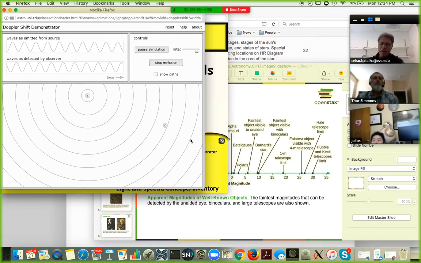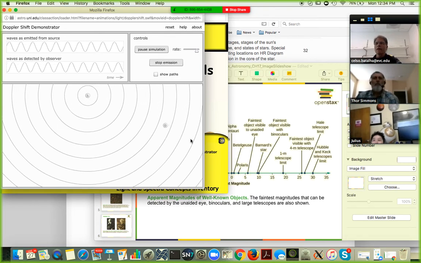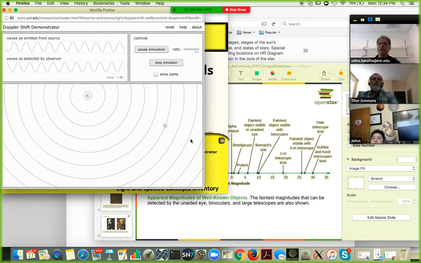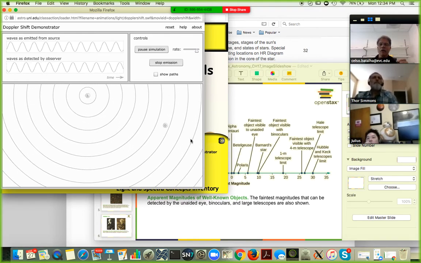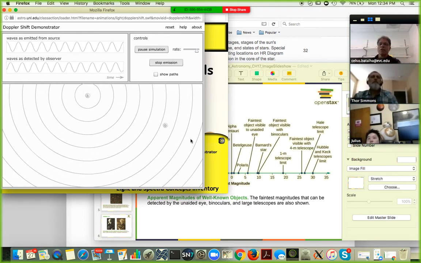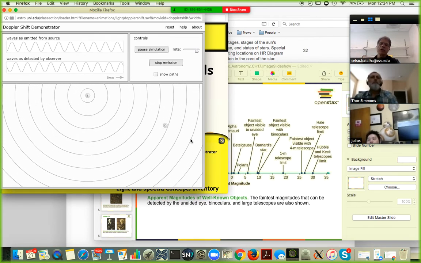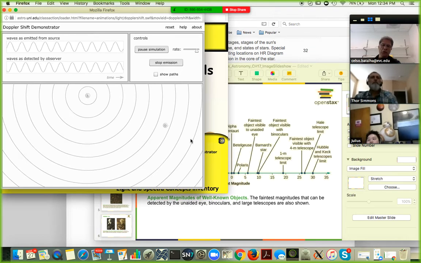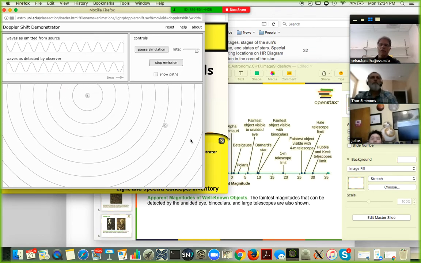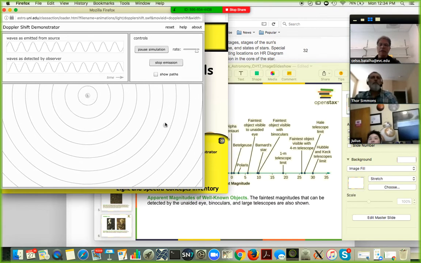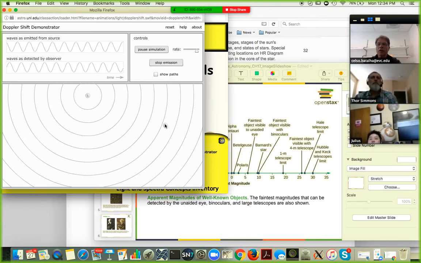So when we measure what we call a red shift of stars, we have to take into account all these different motions, so that we know for sure if the star we are observing is going towards us or away from us in respect to a certain reference frame. But basically, that's the technique, Doppler effect.